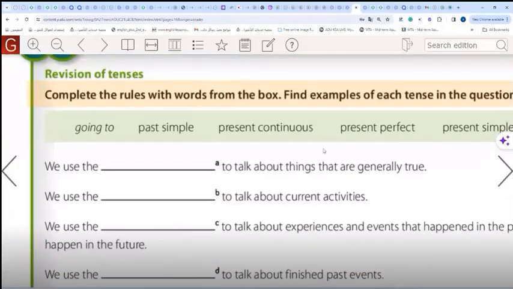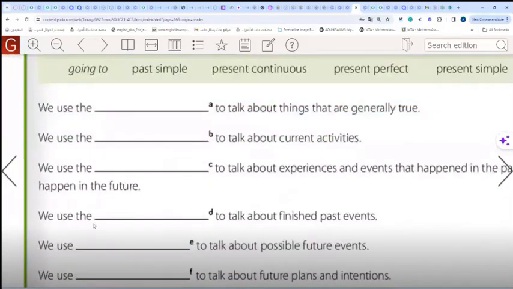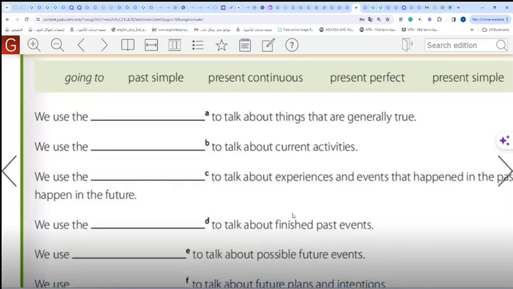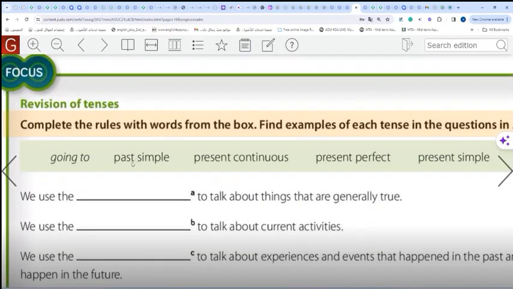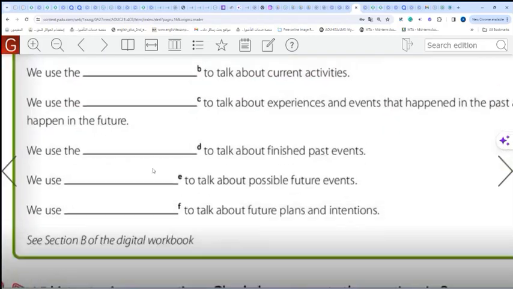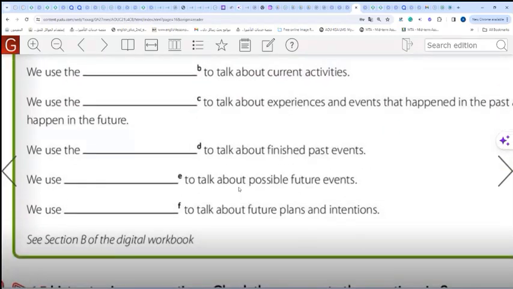Present perfect, excellent. We use what to talk about finished past events? Okay, which tense do we use? Yes, past simple, excellent.